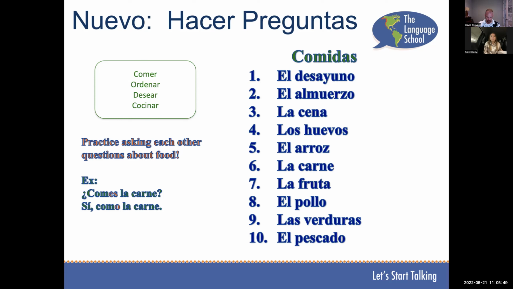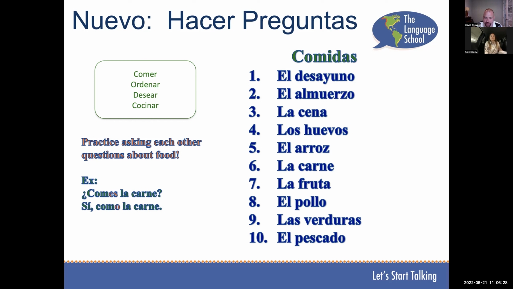Okay, same thing now with food. ¿Ordenas el desayuno? Sí, ordeno el desayuno. ¿Qué significa el almuerzo? El almuerzo means lunch. ¿Cocinas el almuerzo? A veces cocino el almuerzo. ¿Ordenas la cena? Sí, ordeno la cena. ¿Deseas los huevos?